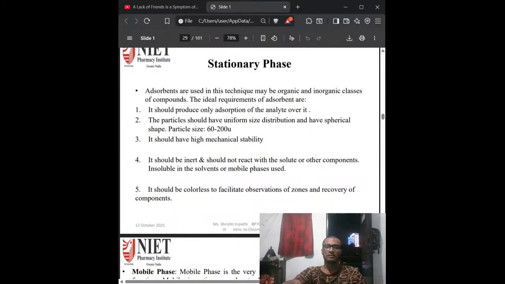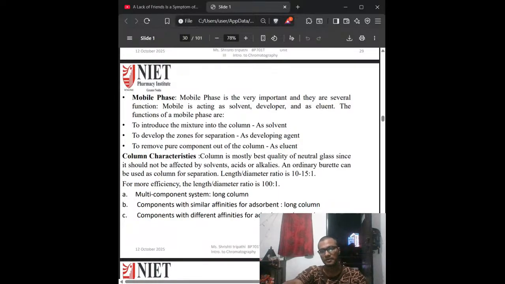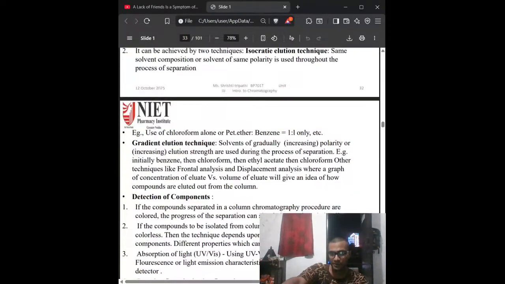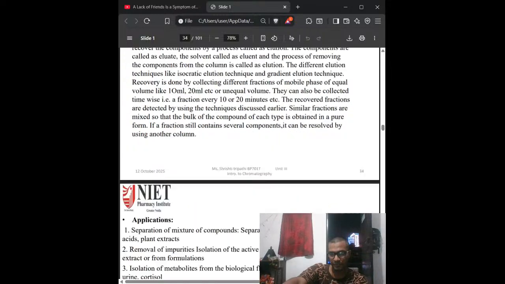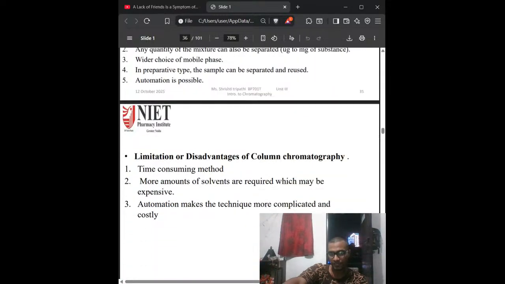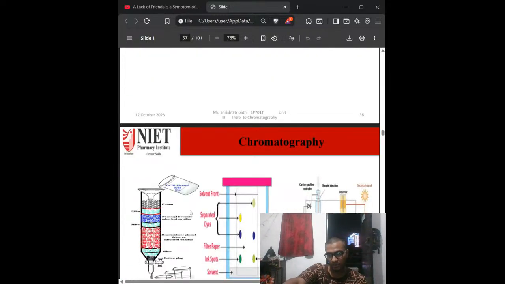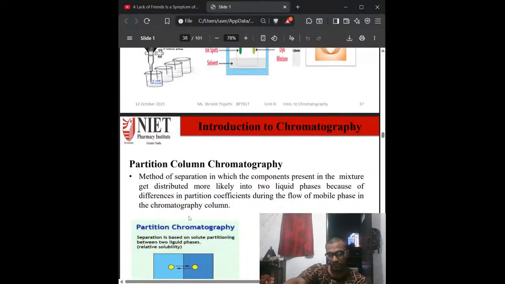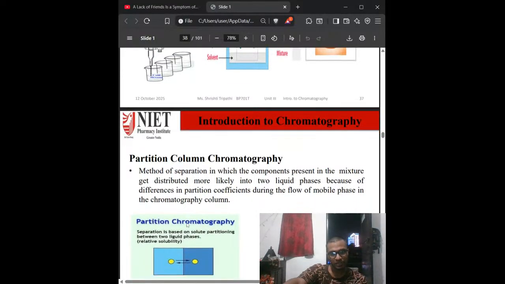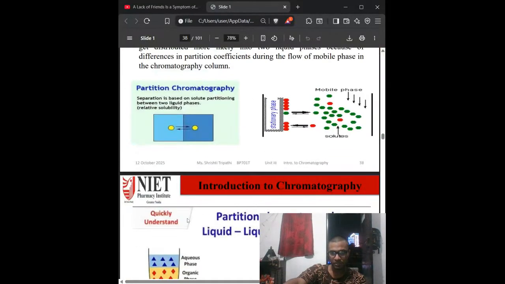Then application and advantage. That completes column chromatography. Now we'll go to partition chromatography.